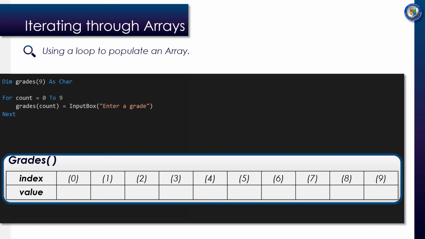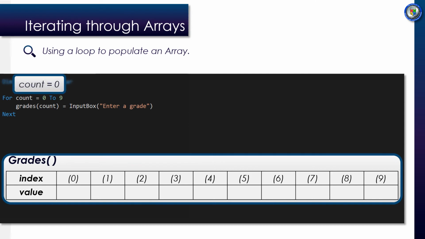Every time we go round our loop or iterate, our count will increment by 1. This variable is then used to indicate which element we will store our data, or which index. Let's work through this example.